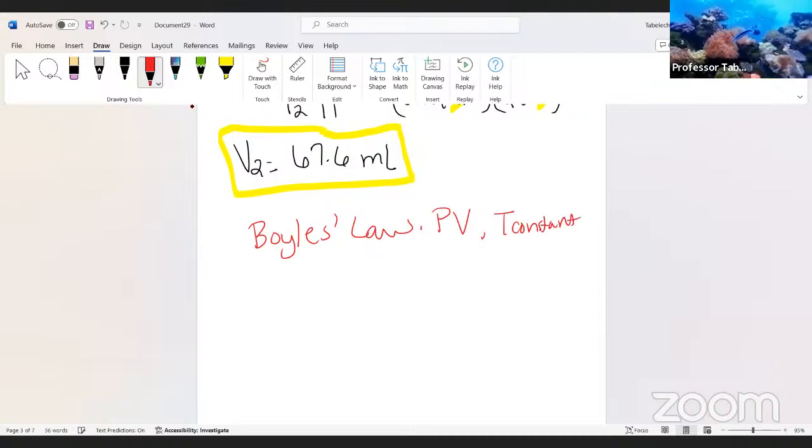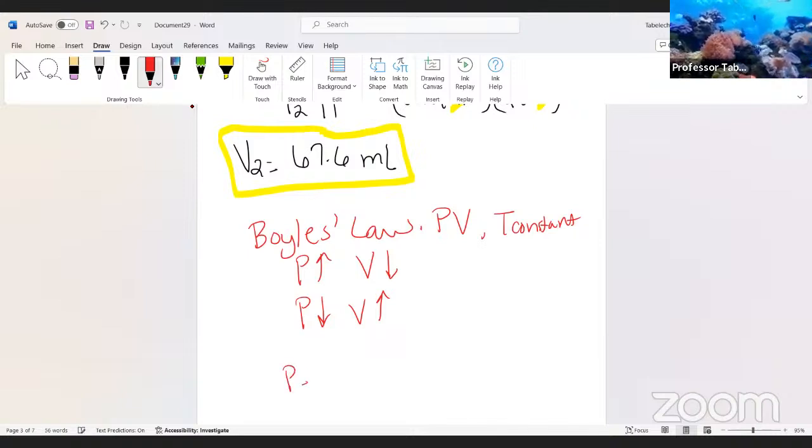Boyle's law, if you recall again, if the pressure goes up, the volume will go down. The temperature remains constant. If the pressure goes down, the volume will go up. The temperature still remains constant. Something else you can remember from a visual perspective: if the pressure doubled, the volume is going to be cut in half.